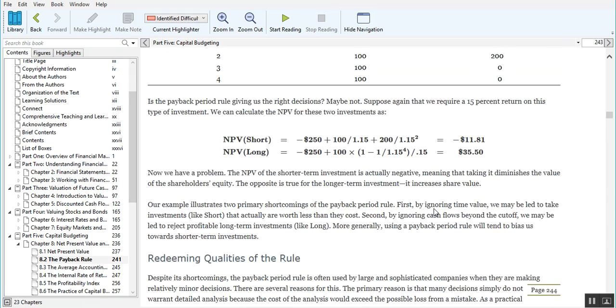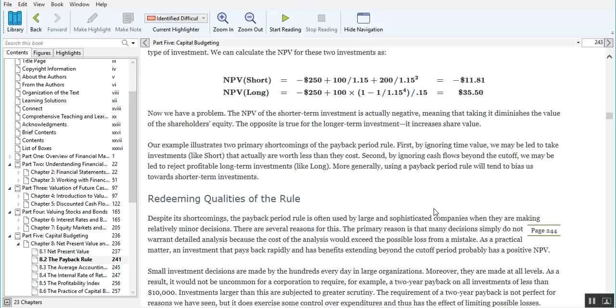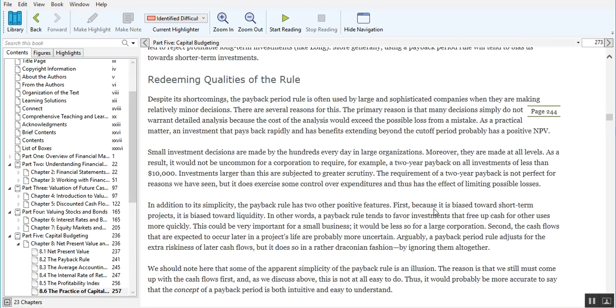Now, you may not want to use this method as an analysis, but there are some reasons that companies might use it. Large companies might use it if there's a very small investment and they just want to do a thumbnail analysis of it. They don't want to get too deep into the weeds with the calculations, and they want to say, okay, should we do this or should we not?